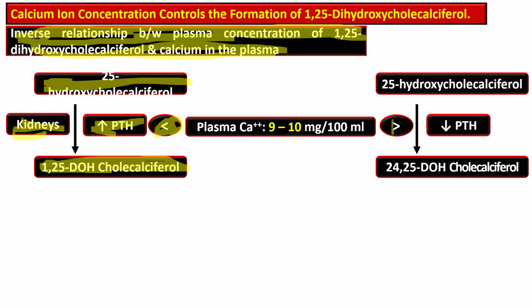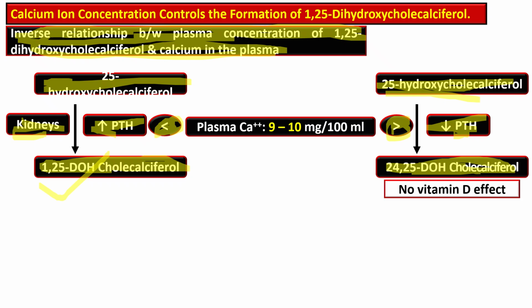When calcium is high, parathyroid hormone is suppressed, and the vitamin D, 25-hydroxycholecalciferol, instead of conversion into 1,25, is converted into a less active form, that is 24,25-hydroxycholecalciferol, which has minimal calcium-regulating effect.